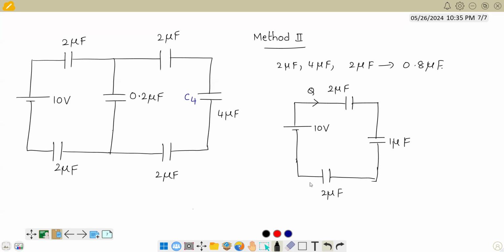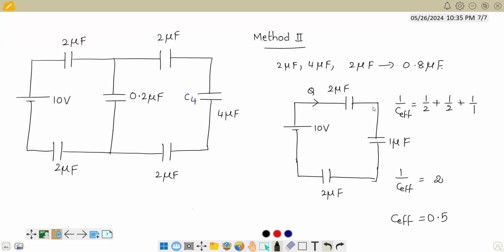Let us assume Q is the charge flowing. We need to find the C effective of these three. So 1 by 2 plus 1 by 2 plus 1 by 1 equals 1 by C effective. So 1 by C effective equals 1 plus 1, so it would be 2. So C effective is 0.5.